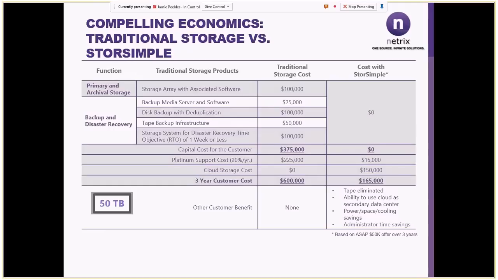Now, we could have turned these numbers around and said, let's just say you're going to spend 50 grand on the appliance, and now your cloud storage costs are 100,000. Or maybe you can make those numbers work out. The important thing to note is that the bottom line numbers never change. It's 600 versus 165. And that's where we get that dramatic TCO savings that I mentioned early on.